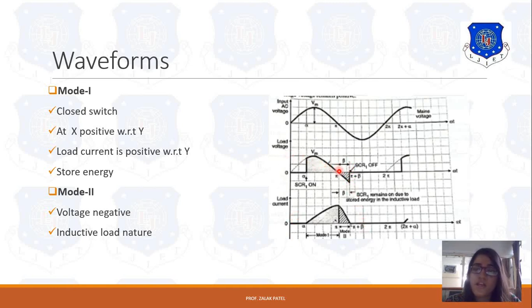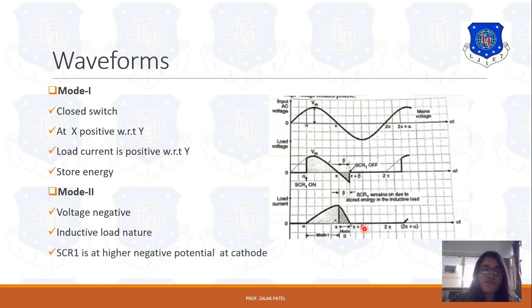This load voltage will be decreasing and the load current will be on a positive cycle from pi to pi plus beta. Because of it, SCR1 is at a higher negative potential at the cathode compared to the potential at the anode. So this is the waveform of HWCR when it is operated with inductive load.